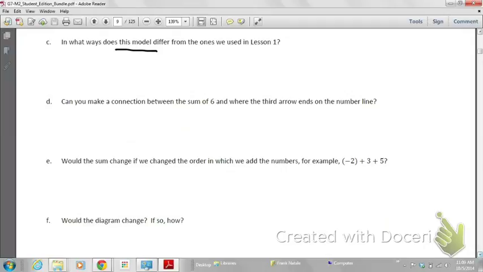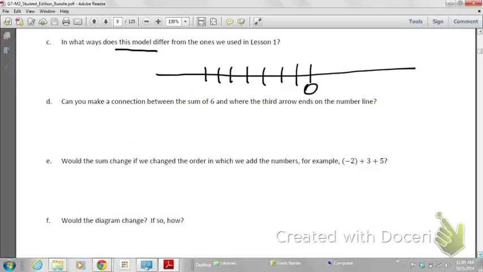Let me just draw it here. If you remember, in lesson 1, if we had a +5, we would have gone 1, 2, 3, 4, 5. I actually did that once in this lesson as well at the beginning. We showed it as separate hops. In this case, right now we are showing 5 units in one total movement with a straight arrow.